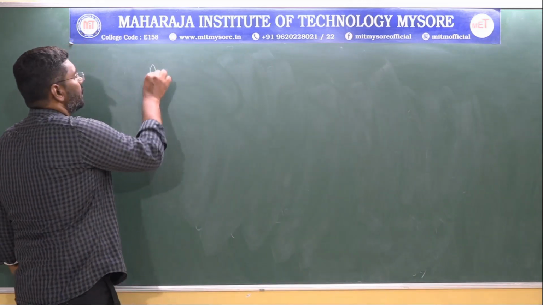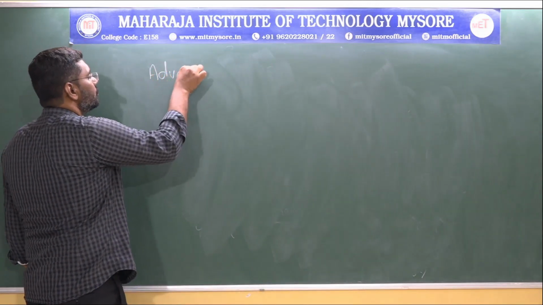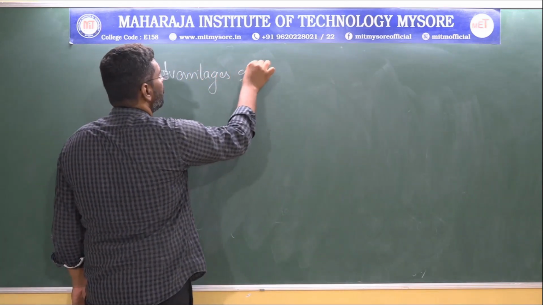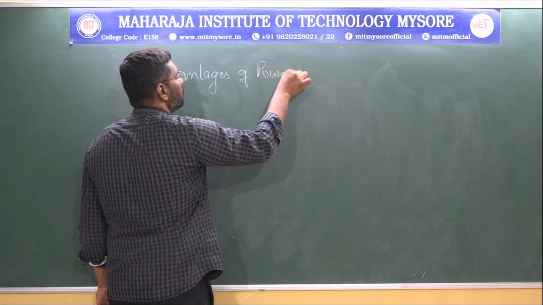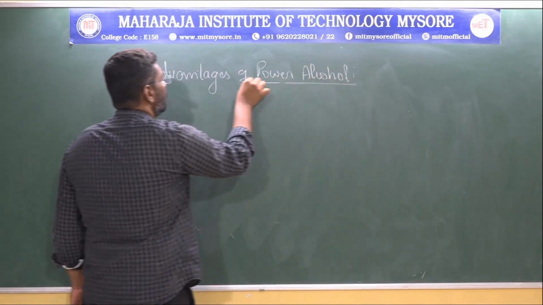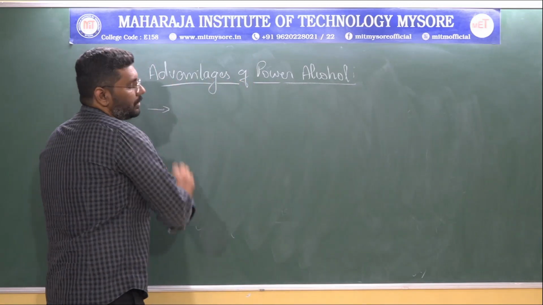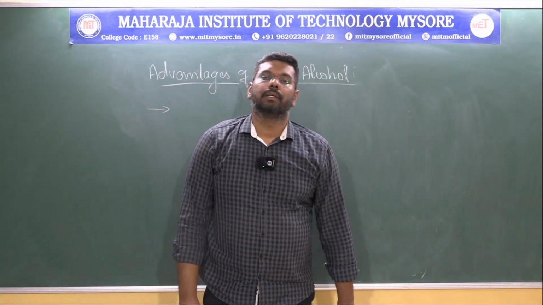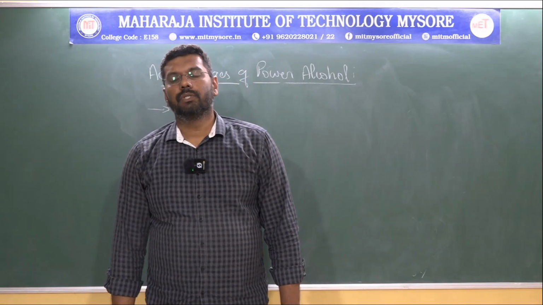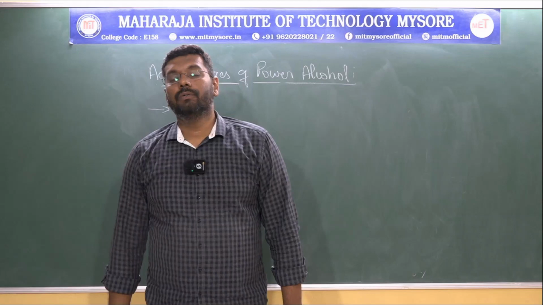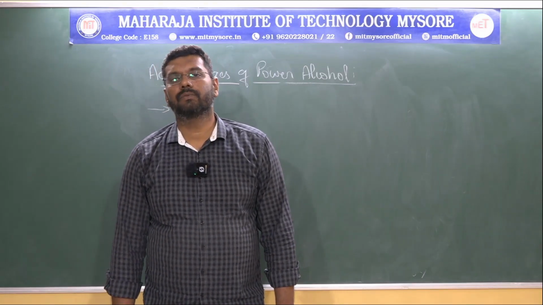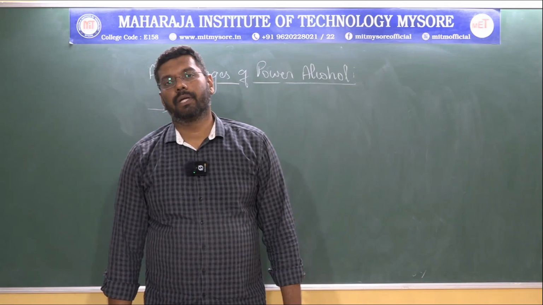The very first important thing is to know the advantages of power alcohol. As I told you, petrol's octane number is around 60 to 70, that's all, so its efficiency is very low compared to ethyl alcohol, whose octane number varies from 85 to 90.